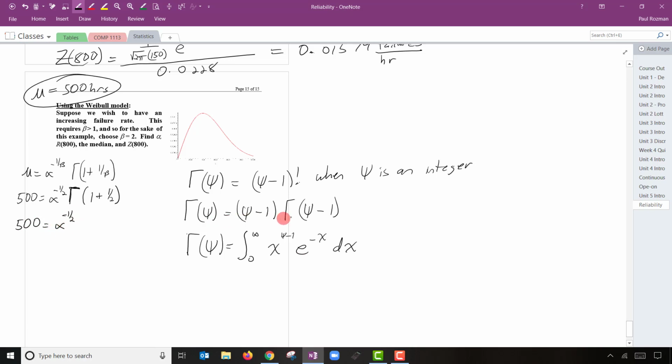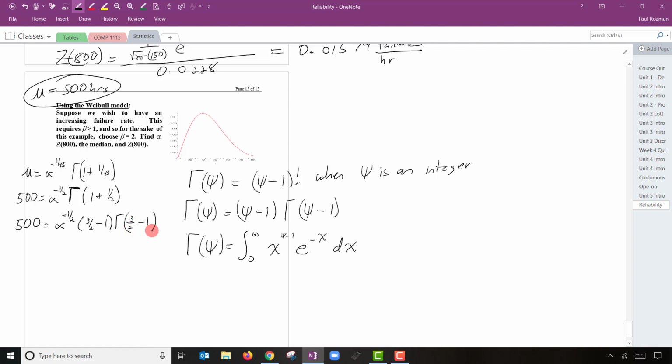If I use this little trick that I wrote here, because I have 1 plus it, I thought that might be nice. Basically, I have 3 halves here. So I could write it as 3 halves minus 1 times gamma of 3 halves minus 1.